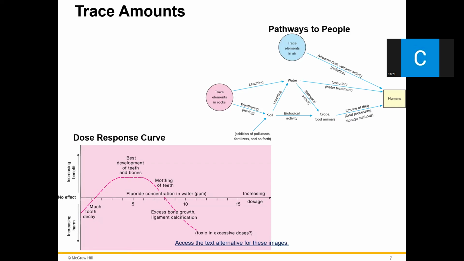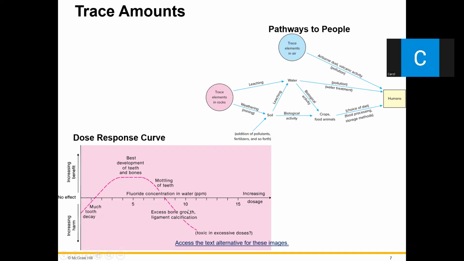It's saying that some of these elements found in rocks occur naturally, the ones that aren't synthetically made. And they can get to people via the water, by being taken up by crops and food and being eaten, by being drunk, and through dust, it can come in through the air as well.